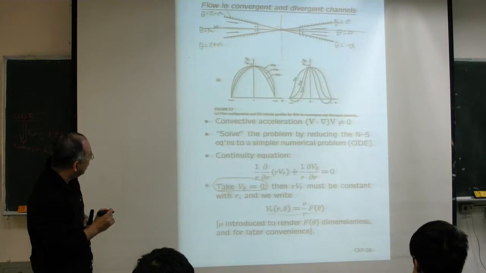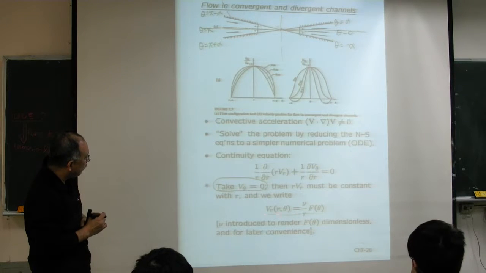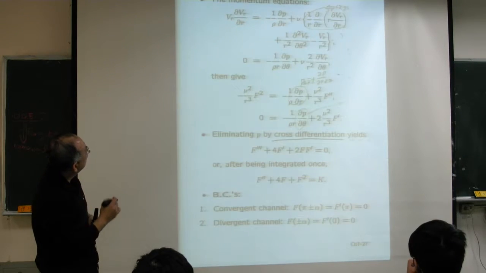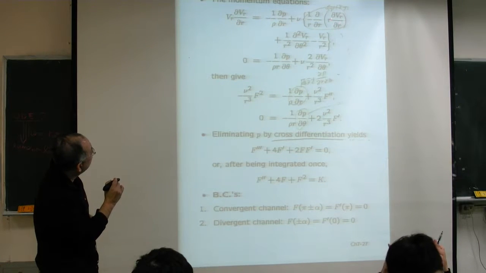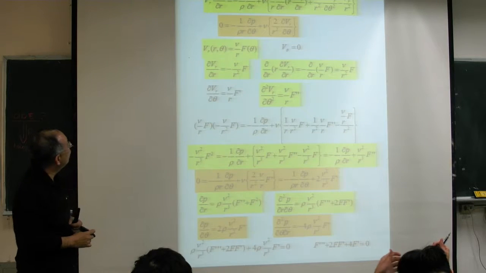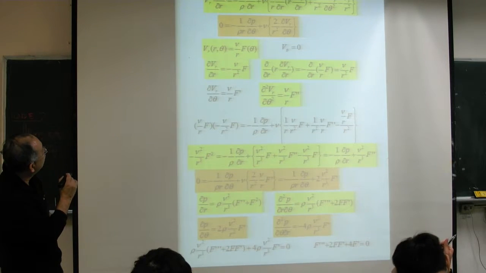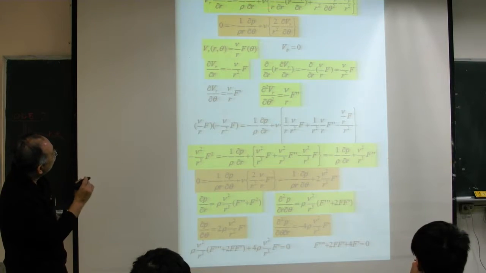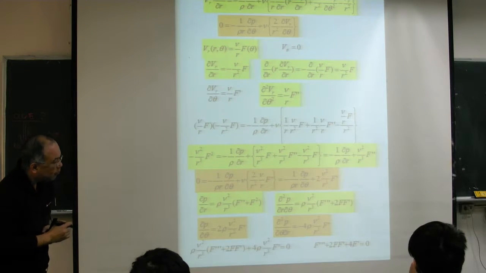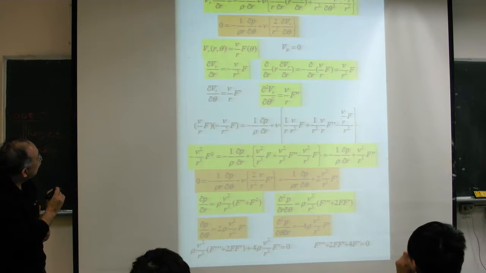From the continuity equation, our VR should be equal to this solution form, mu F theta over R. By using this in our governing equation, what you try to do is find out VR, partial VR, partial R. This is our R direction momentum equation. This is our theta momentum equation. This is our solution form, right? We just mentioned. So I try to find out partial VR, partial R.